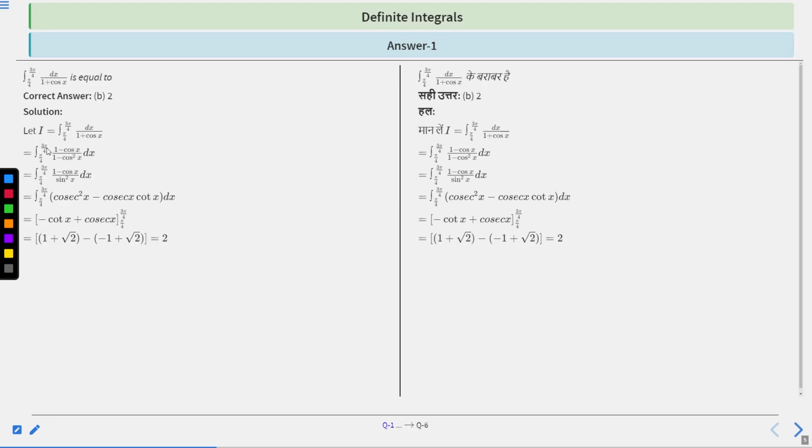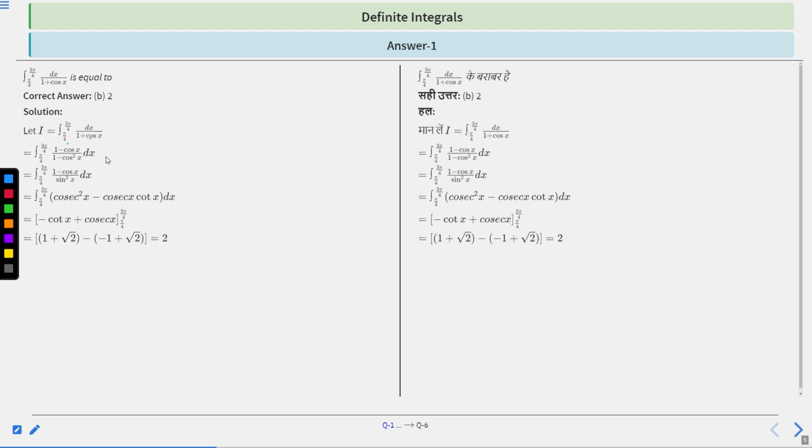As we can see, I is basically the integral from pi by 4 to 3 pi by 4 of dx upon 1 plus cos x. Now we can use those two methods also, but if we multiply and divide this expression by 1 minus cos x, then we will get the integral from pi by 4 to 3 pi by 4 of (1 minus cos x) upon (1 minus cos square x) dx.